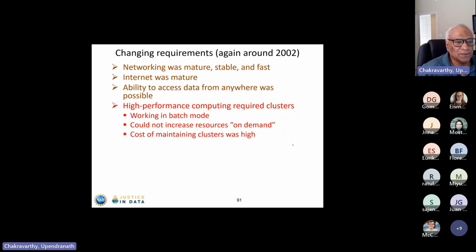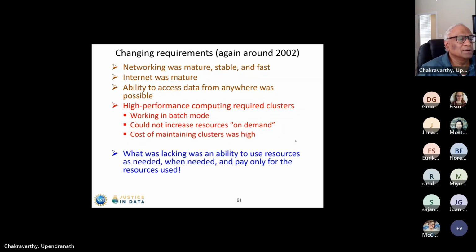The cost of maintaining clusters was high. So what was lacking was an ability to use resources as needed, when needed, and pay only for the resources used. As you can see, from earlier times, this was a big expectation, a tall order.